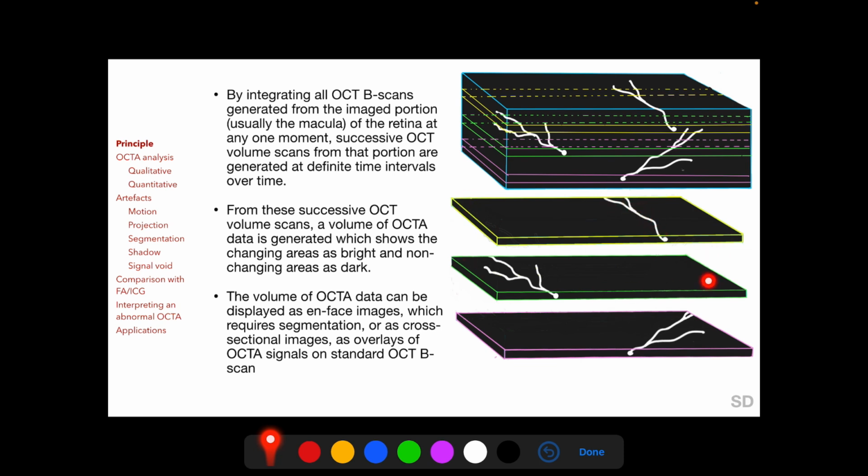Similarly, these two diagrams show the result of segmentation along the green rectangular cuboid which contains the image of this blood vessel, and the pink rectangular cuboid which contains the image of this blood vessel respectively, and the images of these blood vessels are thus generated on the corresponding in-phase images.